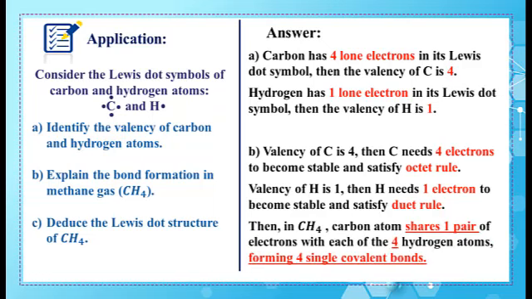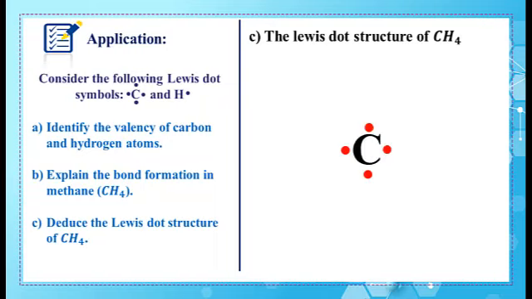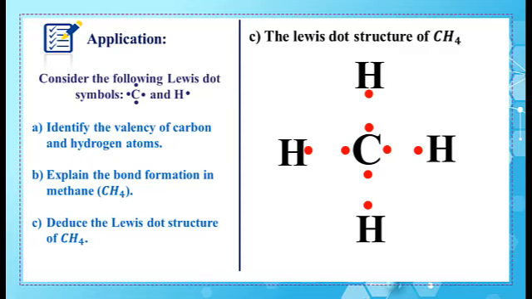Then, in CH4, carbon atom will share 1 pair of electrons with each of the 4 hydrogen atoms, forming 4 single covalent bonds. And here is how to draw the Lewis dot structure of CH4. First, we put the Lewis dot symbols of the carbon and hydrogen atoms in such a way that the lone electrons are put opposite to each other. And then we join the lone electrons, forming 4 single covalent bonds.